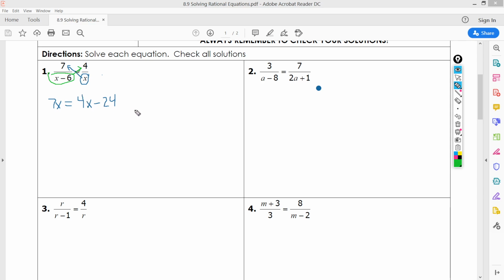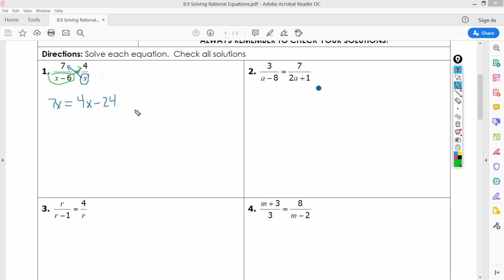So it turns out that taking things diagonally from each other and multiplying them is the same thing as multiplying both sides of the equation by both denominators, okay? It's just a shorter, easier way to think of things.